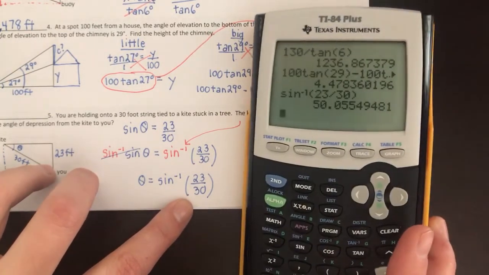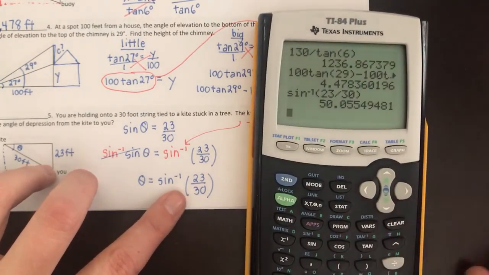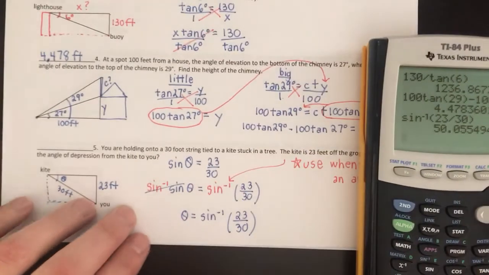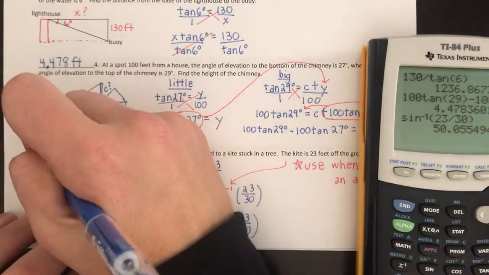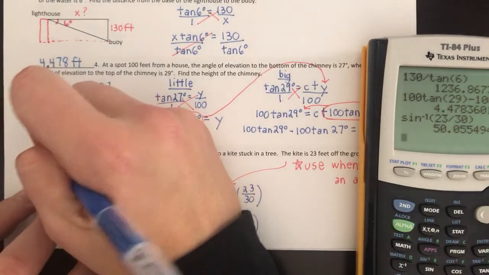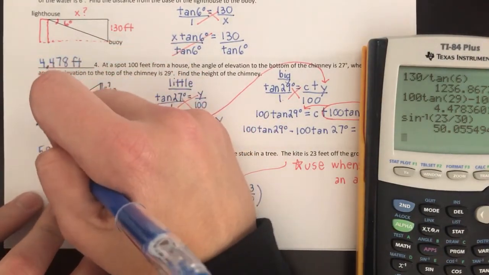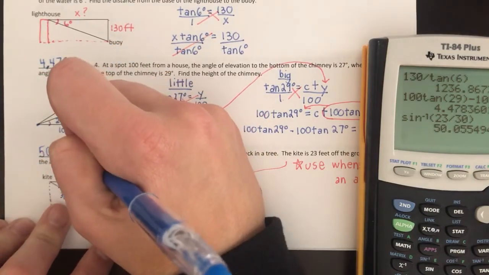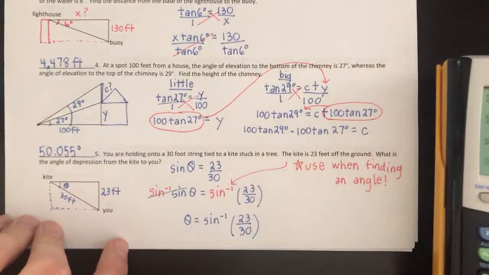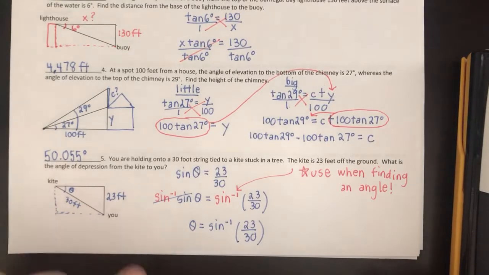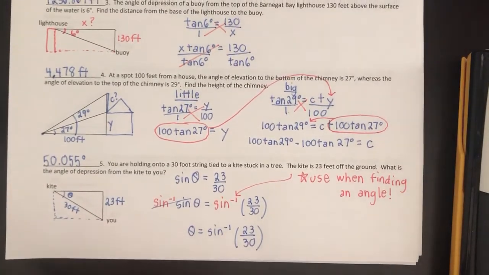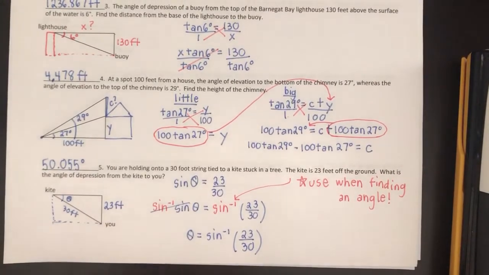What mode are we in? We're in degree, so that spits out a degree. So make sure the angle of depression is 50.055 degrees. If you don't put that degree sign, it implies radians, and that would be a totally different angle measure. So make sure you don't forget that. That's it for today.